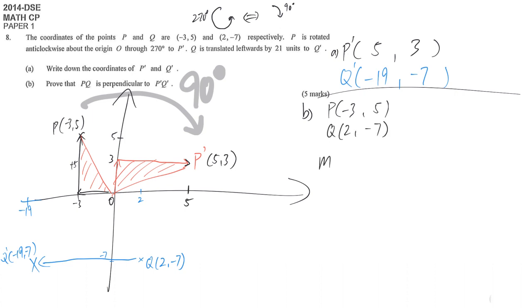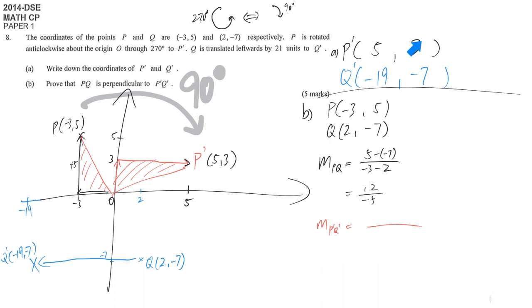To consider the slope of PQ, we just use the y coordinate difference over x coordinate difference, 5 minus -7 divided by -3 minus 2. We get this value.